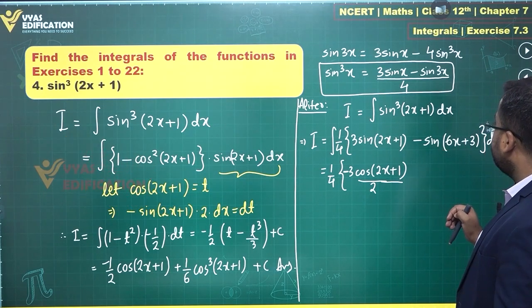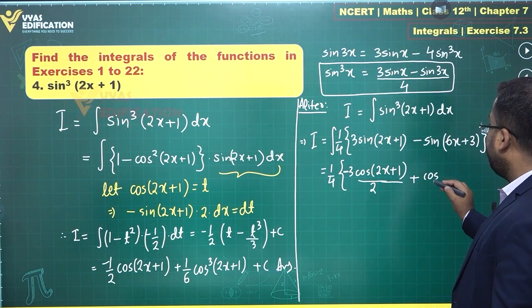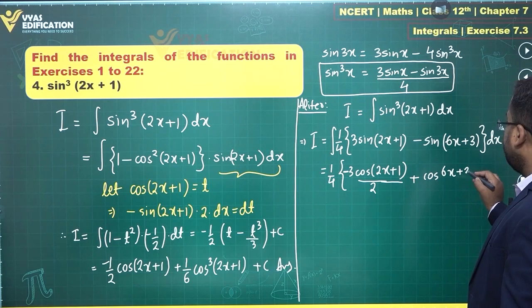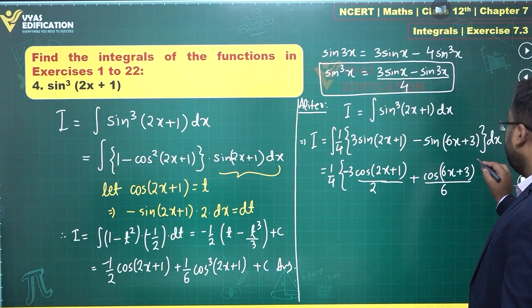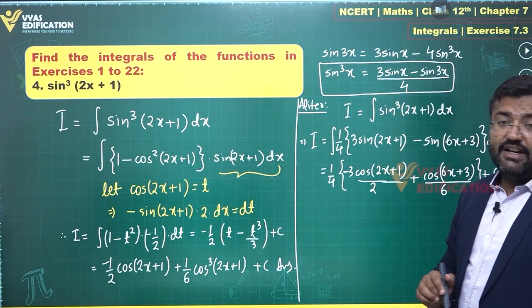What else? This is minus of sine, so the integral will be equal to minus of cos. Minus of minus will become this plus cos of 6x plus 3, and you have to divide by this 6, bracket closed, plus a constant of integration. That's the final integral.